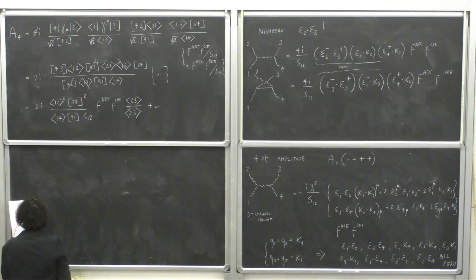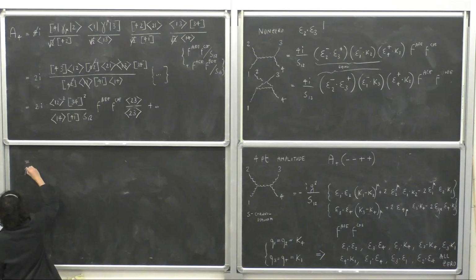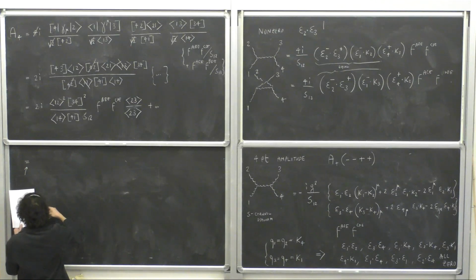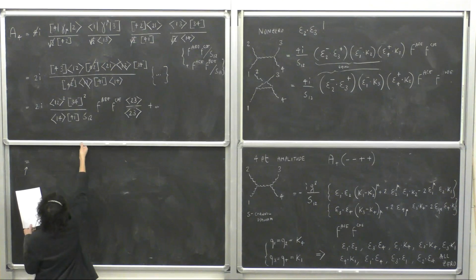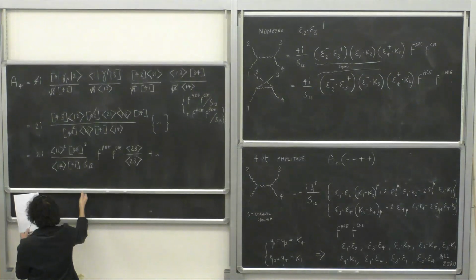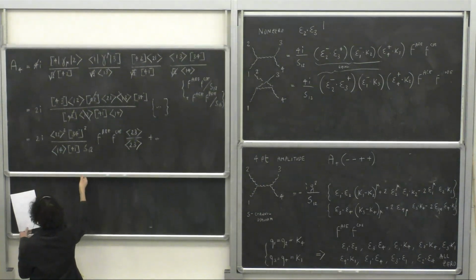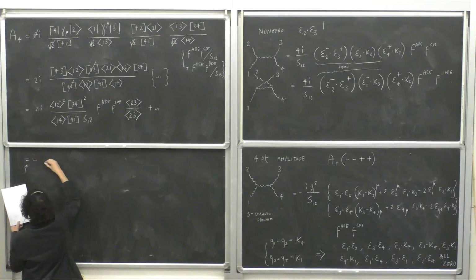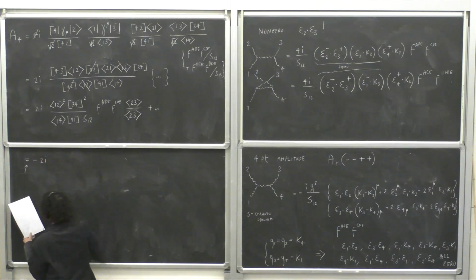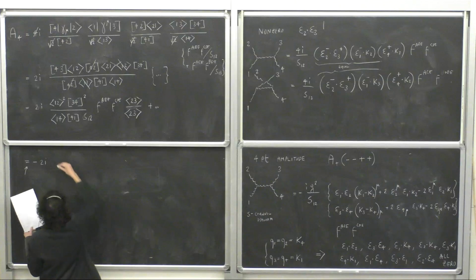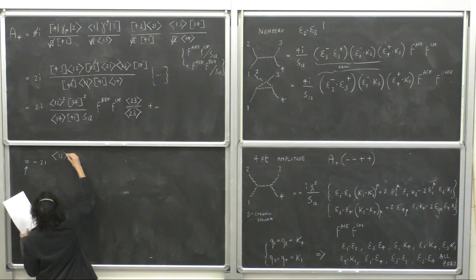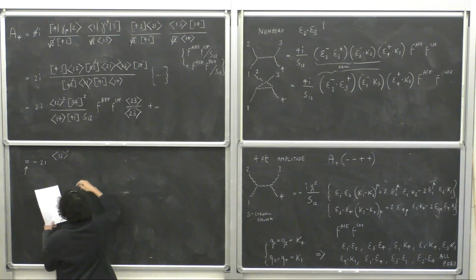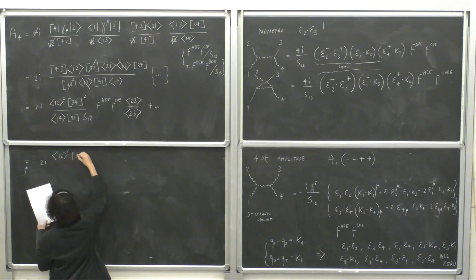Very good. So what we can do at this point is use momentum conservation. So I have, sorry, I'm gone, ⟨1 4⟩, ⟨4 1⟩, yes. So I'm going to have minus 2i, flipping one of the brackets, and then I have ⟨1 2⟩ squared, and then I keep a ⟨3 4⟩.